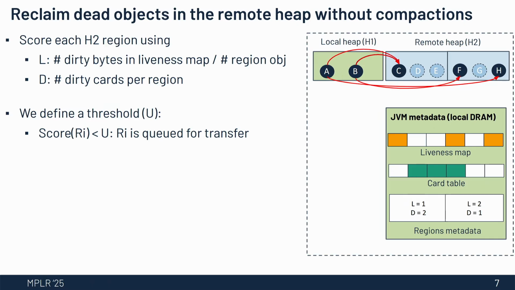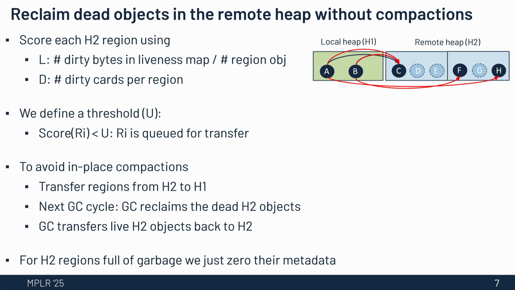Then we need to define a threshold that helps us select which regions we are going to reclaim. To avoid in-place compactions, we transfer the objects in H2 back to H1.